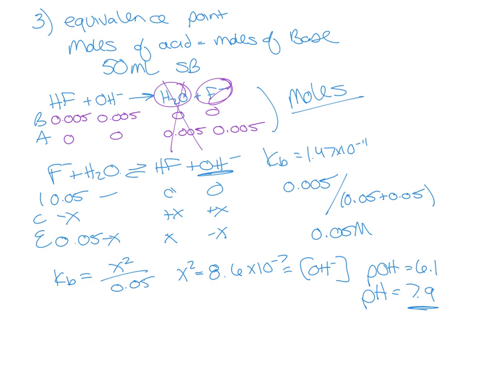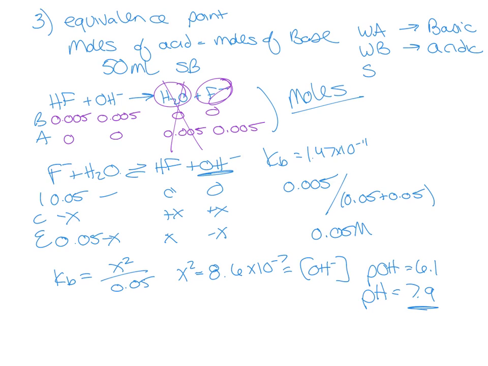What I really care about at the equivalence point, sure, it would be nice if you could do all these calculations, but I want you to be able to look at it and tell me if it's going to be basic, acidic, or neutral. If you have a weak acid, your equivalence point is going to be basic. If you have a weak base that you're titrating, your equivalence point is going to be acidic.